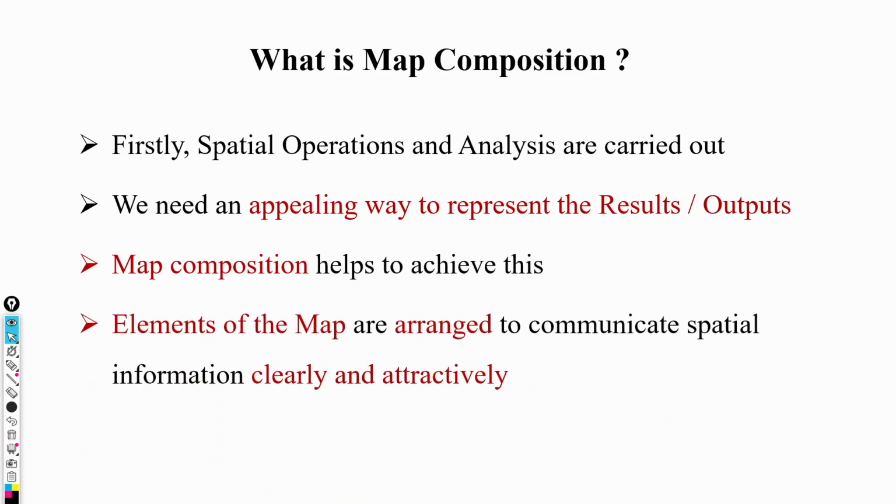It is nothing but this: there are a lot of elements that are a part of a map. When you arrange these elements and work with them in a meaningful way, so that they are able to convey some information very clearly and very attractively, then it is called map composition. So these elements are going to play a major role.